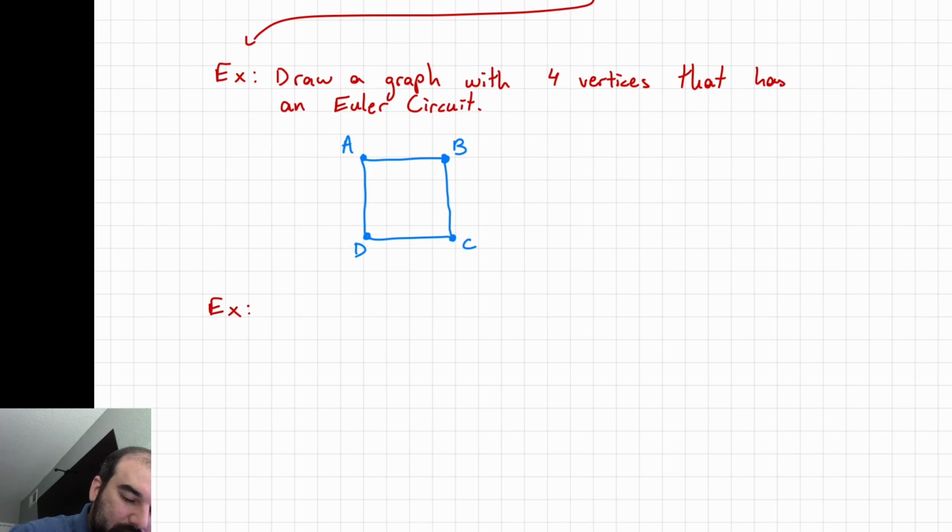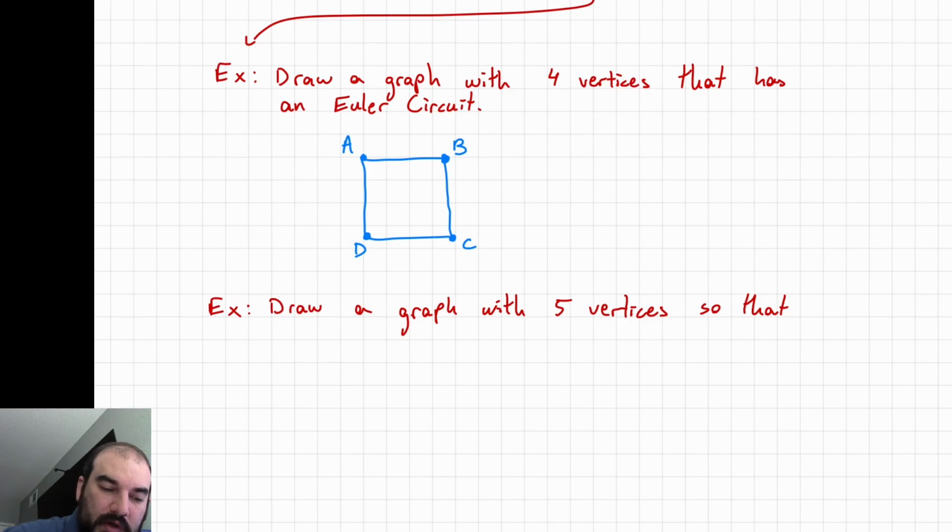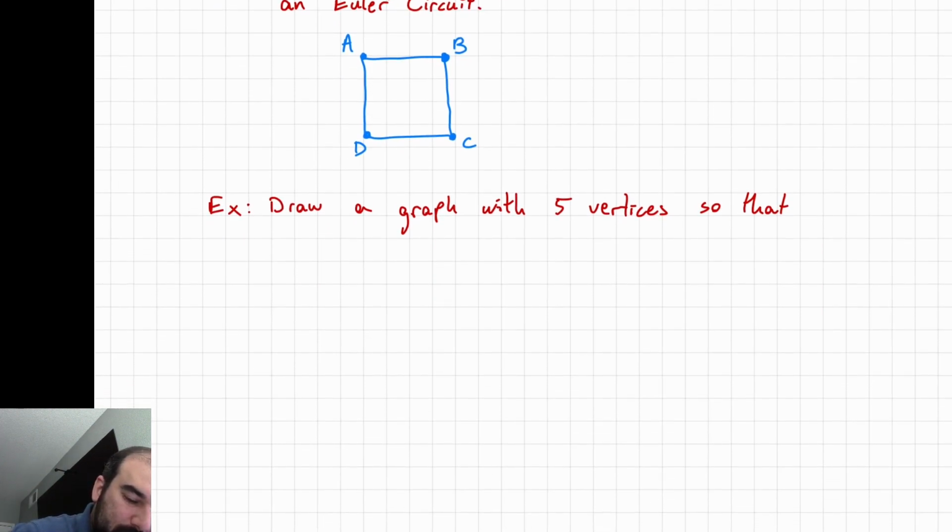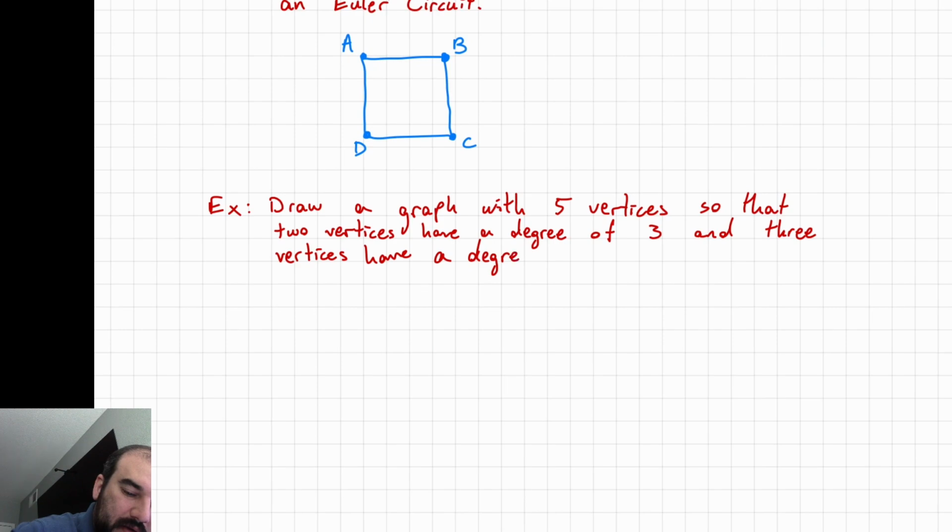another example of something that could be a characteristic of a graph would be: draw a graph with 5 vertices so that two vertices have a degree of 3, and 3 vertices have a degree of 2.